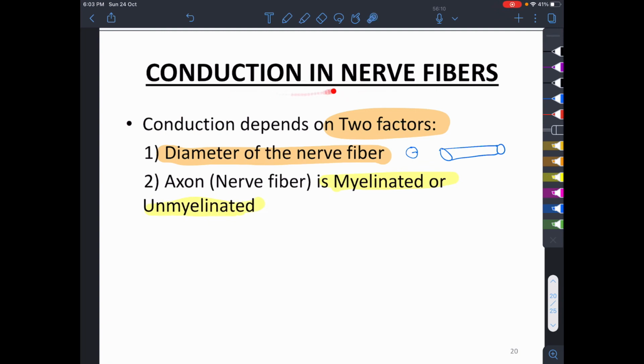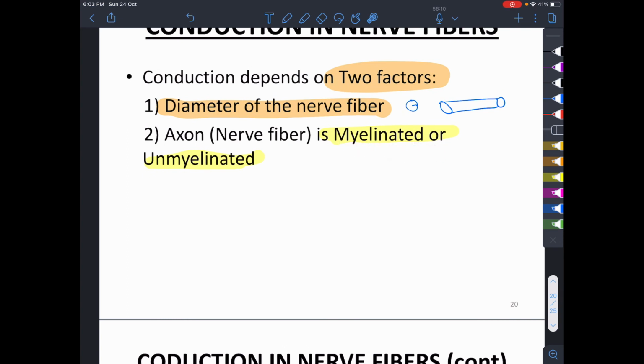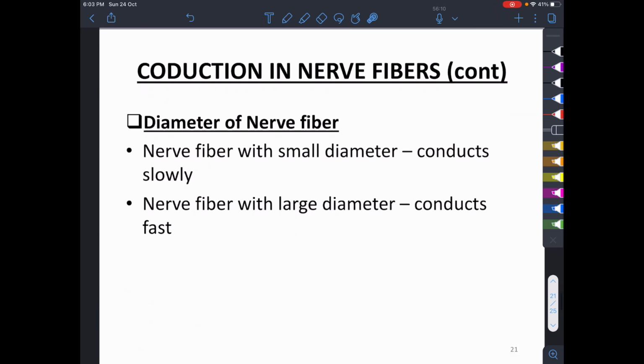So the conduction in the nerve fibers depends on two factors. The diameter of the nerve fiber and whether it was myelinated or unmyelinated. طبعا myelinated قلنا saltatory conduction, unmyelinated قلنا contagious conduction. Myelinated is faster. So نجي نشوف diameter.